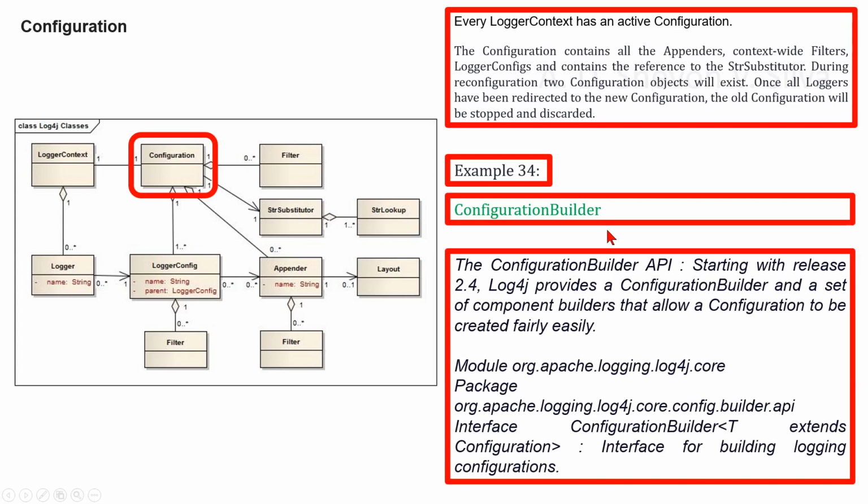The configuration builder API in the org.apache.logging.log4j.core.config.builder.api package allows users to create configurations in code by constructing component definitions. There is no need to work directly with the actual configuration objects. Component definitions are added to the configuration builder, and once all the definitions have been collected, all actual configuration objects like loggers and appenders are constructed.